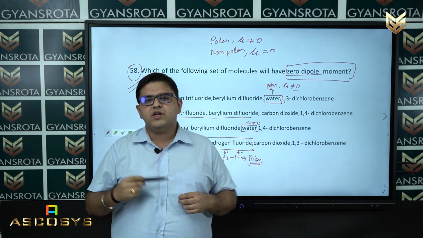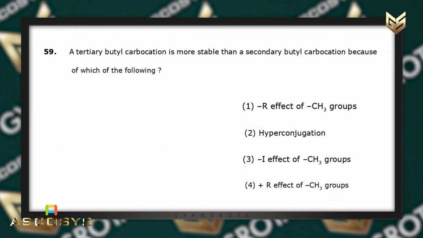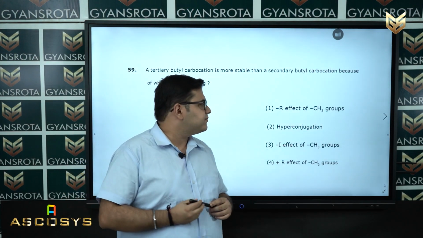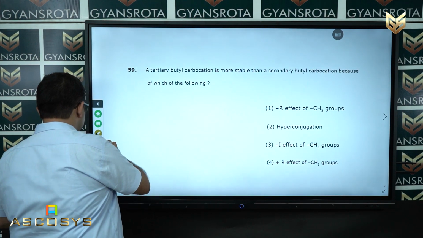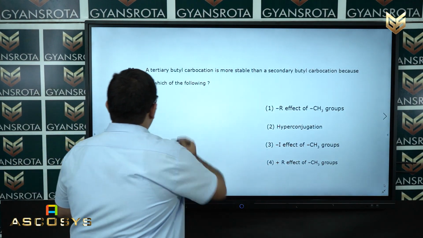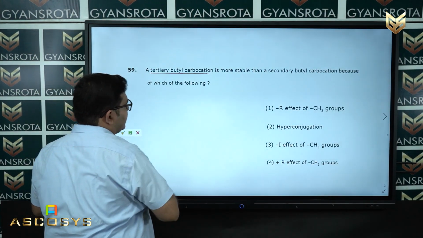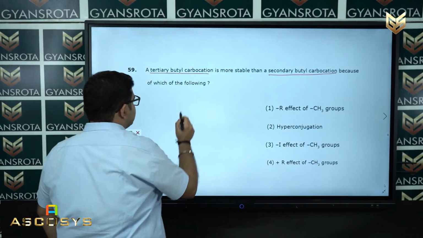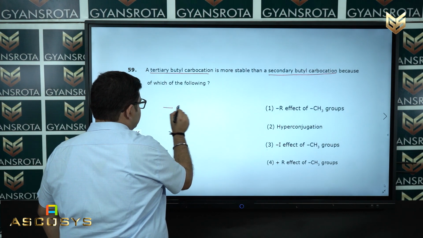So, now we are moving to the next question, that is question number 59. So, question number 59 is on your screen. A tertiary butyl carbocation is more stable than a secondary butyl carbocation because of which of the following? So, now we are moving to the solution part. Now, they give you the tertiary butyl carbocation and they ask about the secondary butyl carbocation. So, first draw the structure.